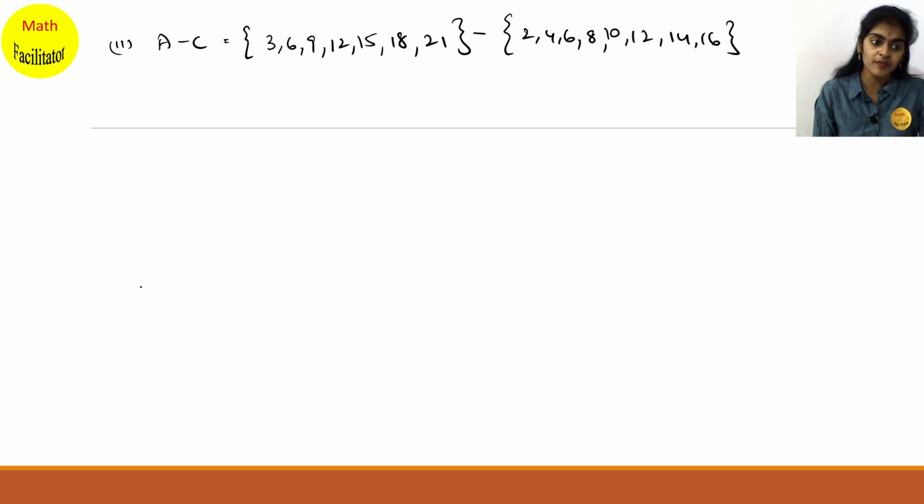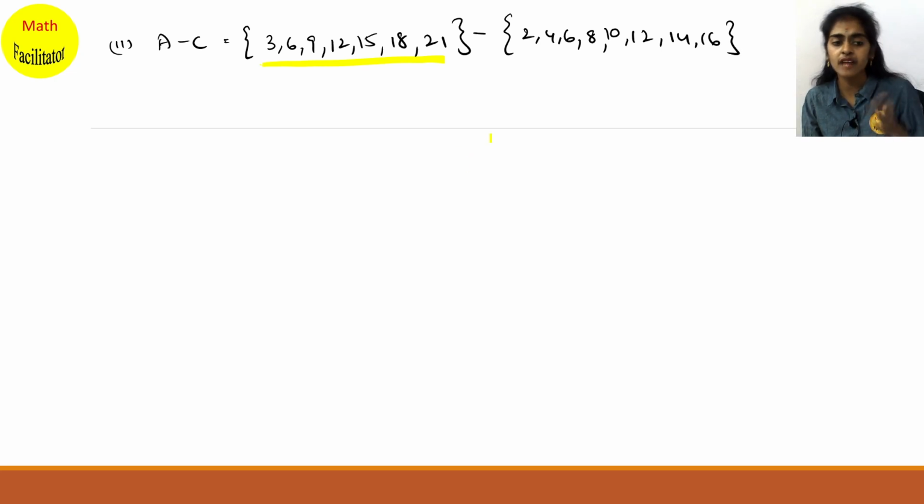So I want A minus C, which means I will consider this entire set A. From the set A, I will remove the common elements of A and C. Here, 6 is common, so you will remove 6.